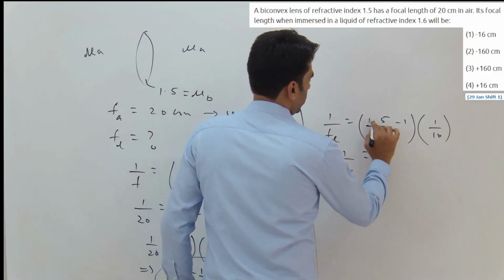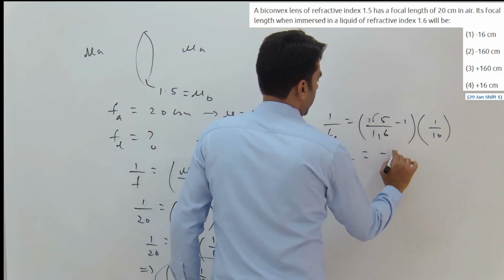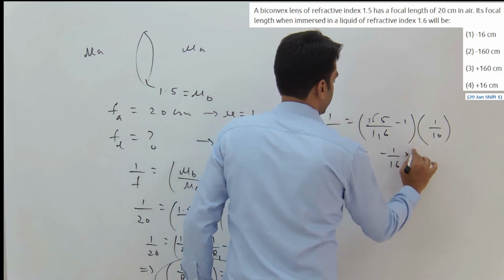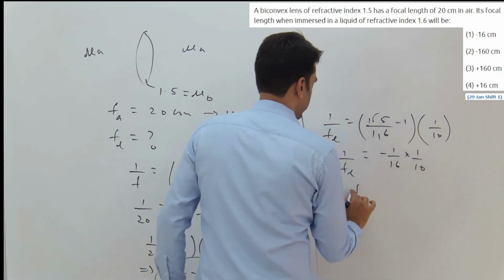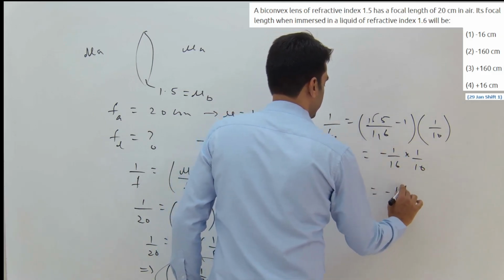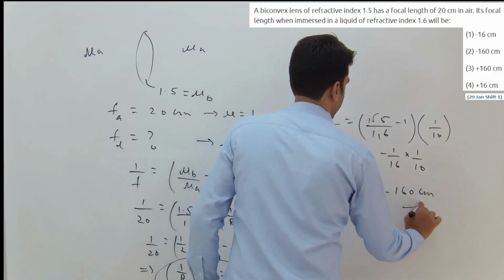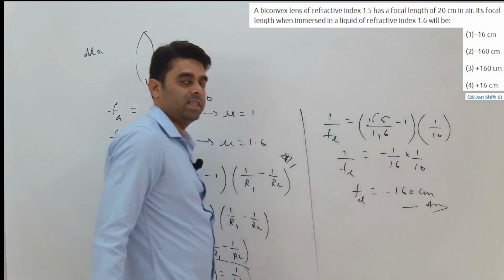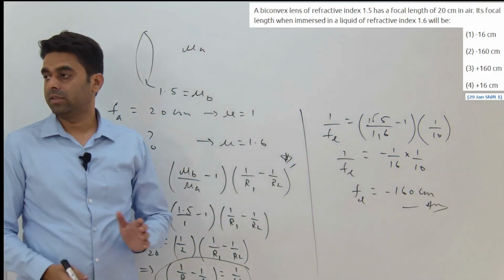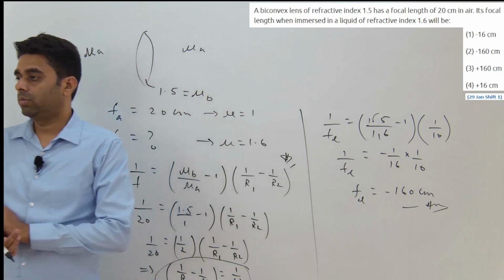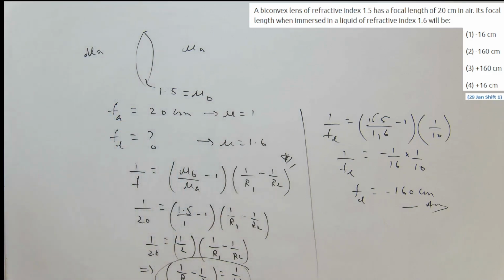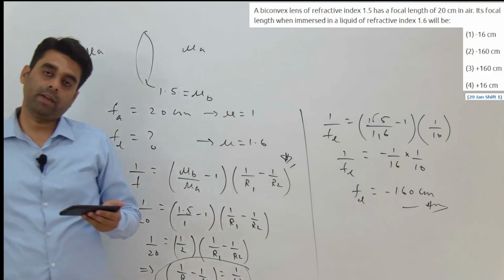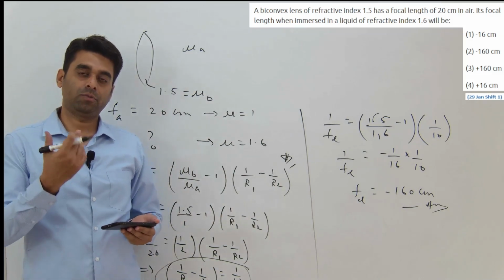This comes out to be minus 1 by 16 into 1 by 10. Therefore, focal length in liquid comes out to be minus 160 centimeter. Check your option. It is the second option, which is our correct answer. Let's move to the next question.